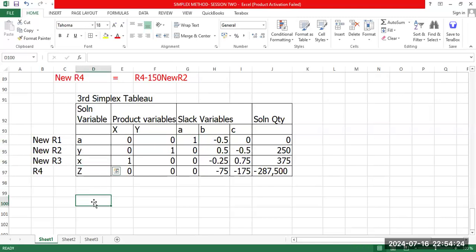And in conclusion, we are done. We wanted the value of X, we also wanted the value of Y. Just summarize. Your X is corresponding to 375.